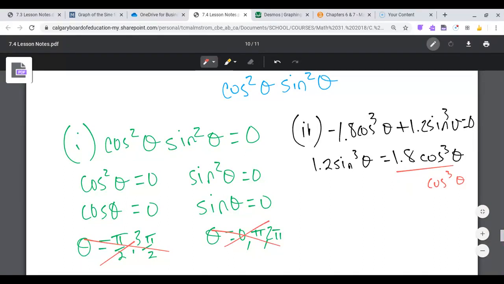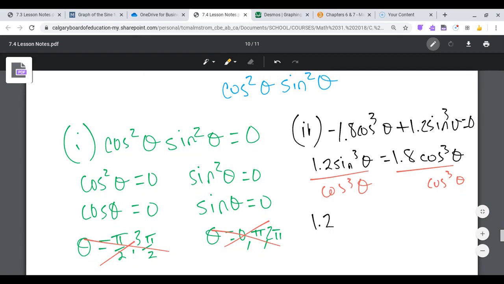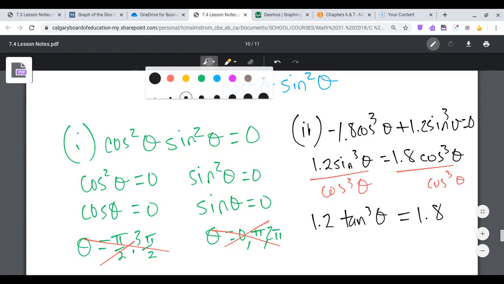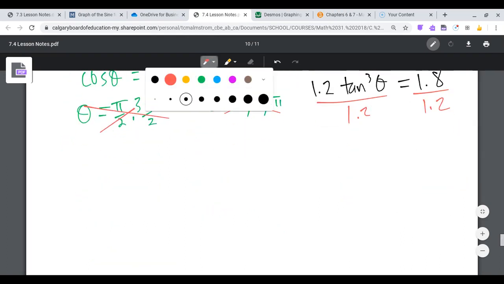Okay, cos cubed theta, and then that would give me 1.2. Sine on cos is tan cubed theta. Cos on cos is 1, so that would just leave me with 1.8. And then I'm going to move the 1.2, and that'll isolate my tan. All right.